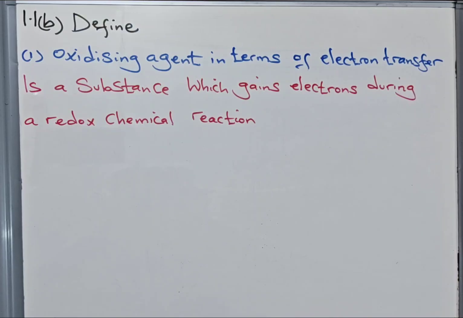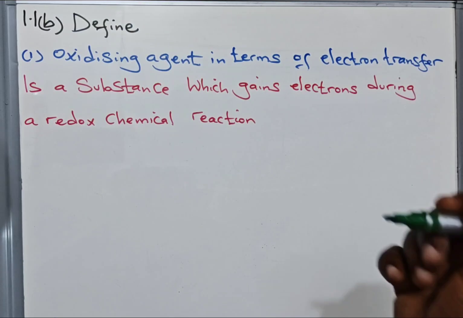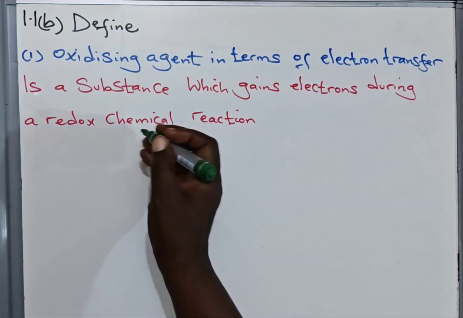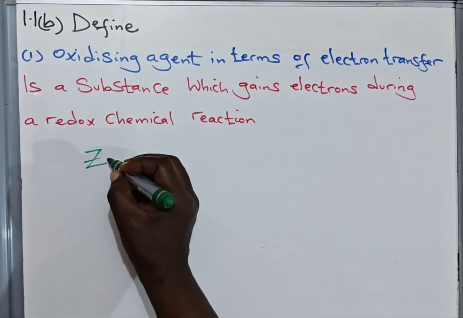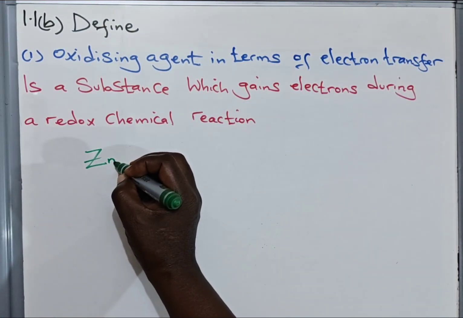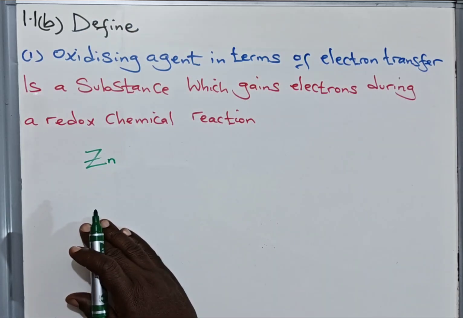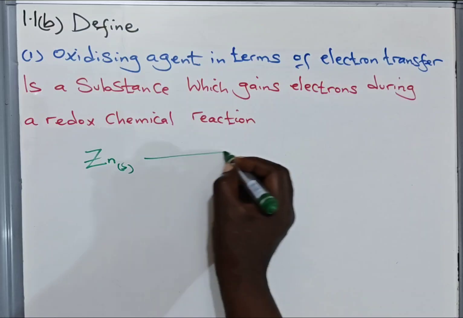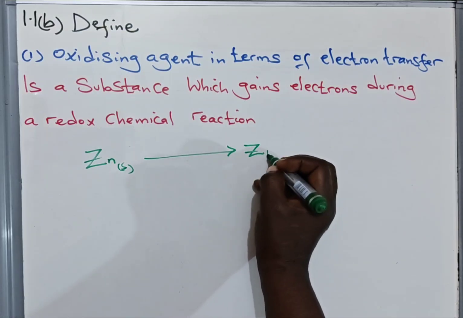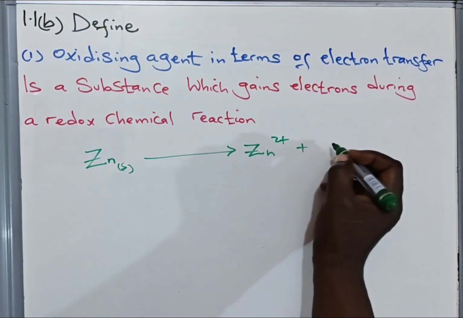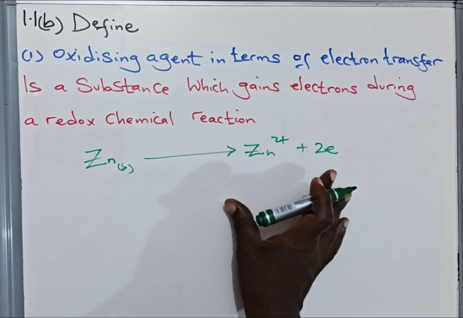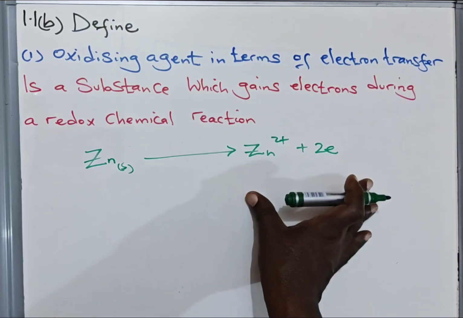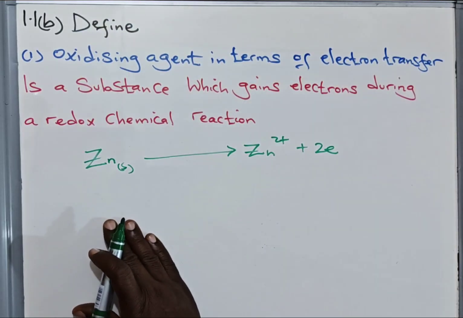The example you can give at this point is, for instance, if you have zinc, you have to know that zinc, when it is in combination with copper, undergoes oxidation. As we proceed, you'll know the reason why zinc undergoes oxidation when it is in combination with copper.